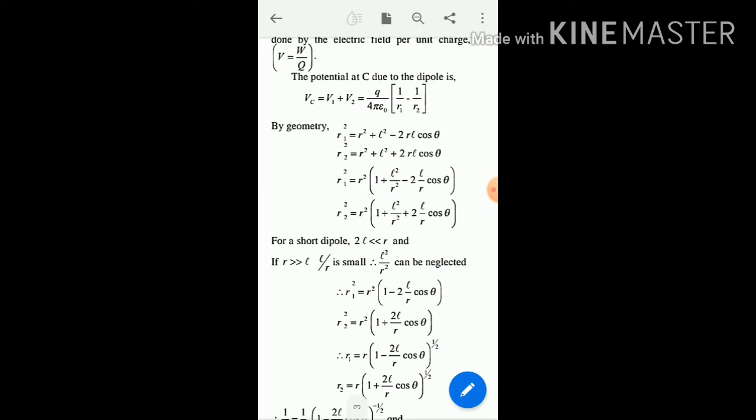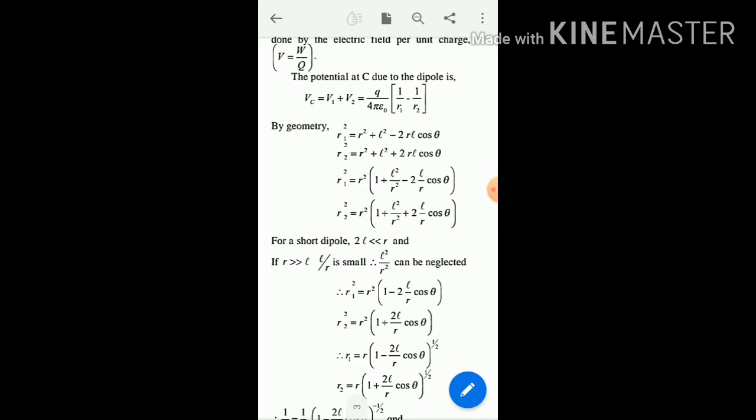Therefore, R1 square equal to R square into bracket 1 minus 2 into L upon R cos theta, and R2 square equal to R square into bracket 1 plus 2L cos theta upon R. So this is the value of R1 square and R2 square.